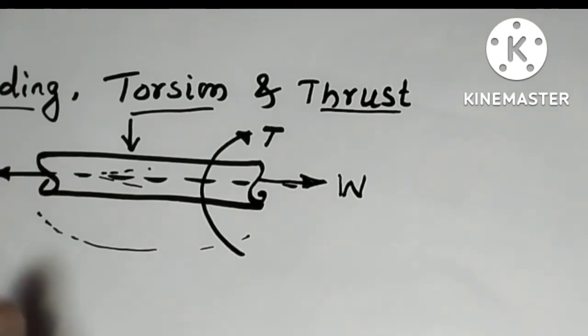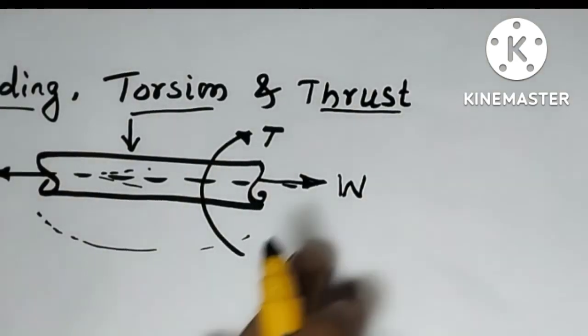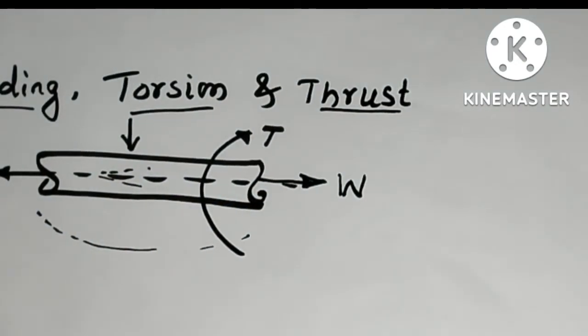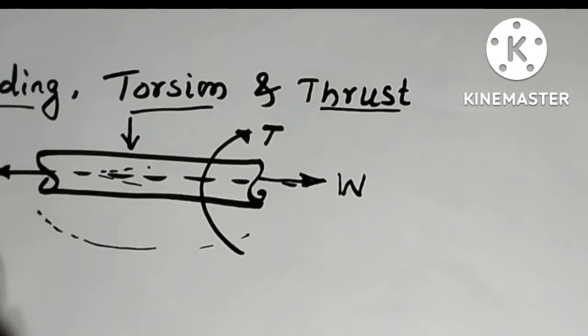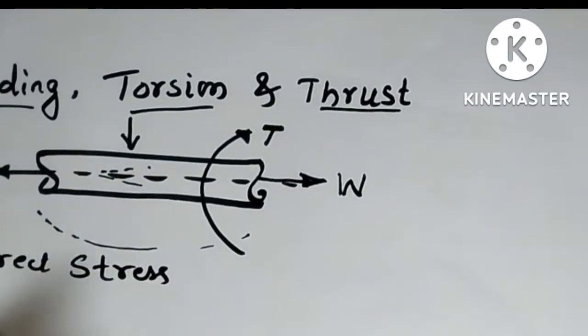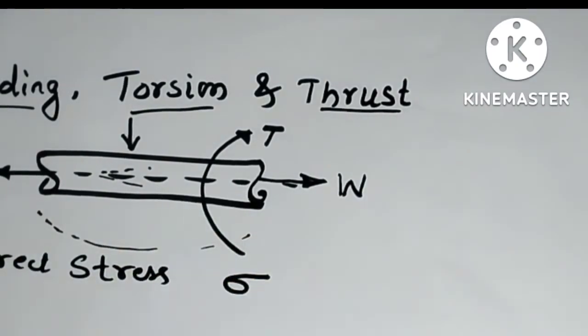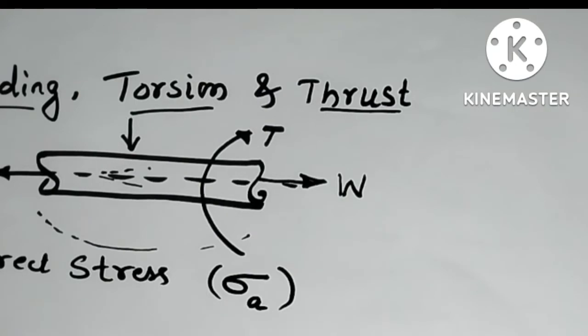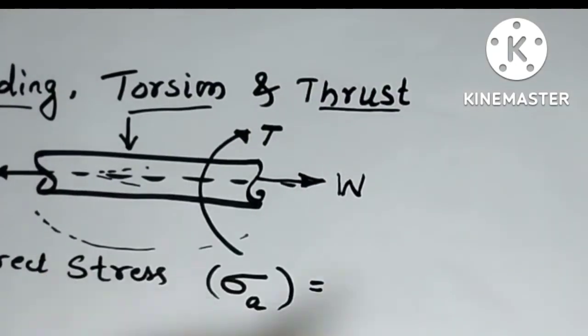Now in this case, what is the procedure to solve this type of problems? First, as you know, when the shaft is subjected to axial load, that is a direct stress. It can be written as sigma, or for understanding you can write sigma A for the axial stress, which is equal to the load divided by area.